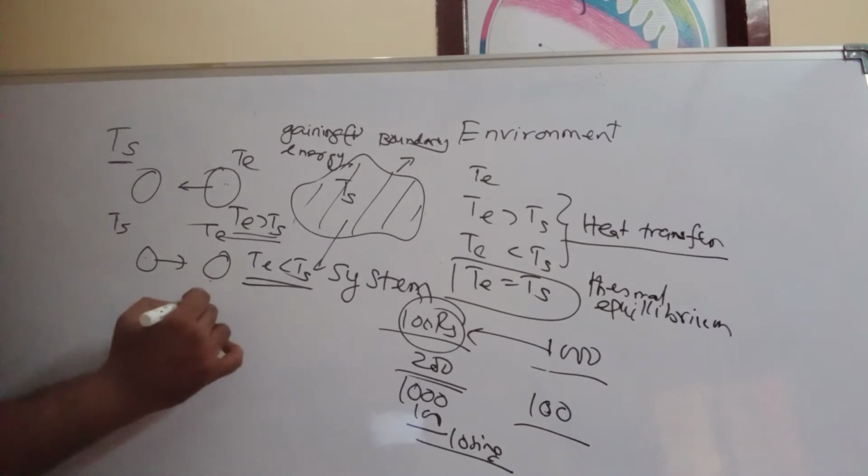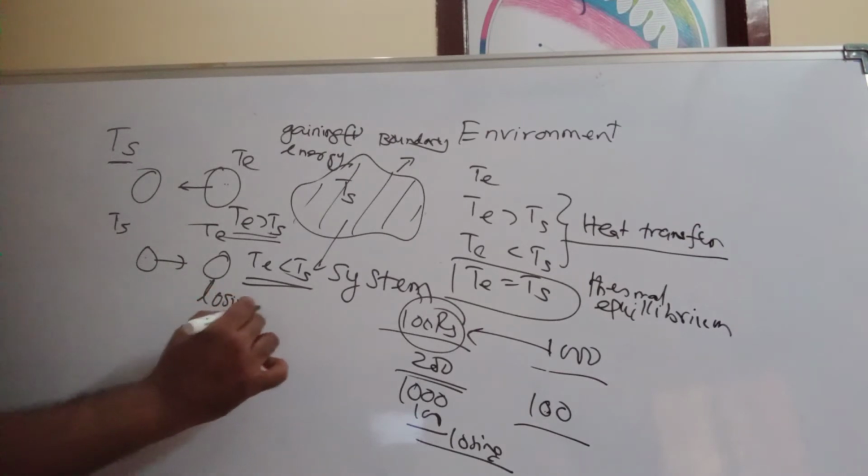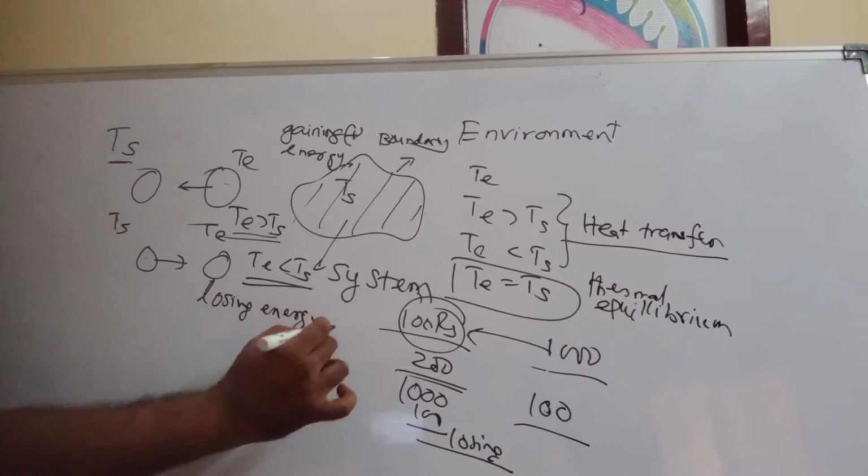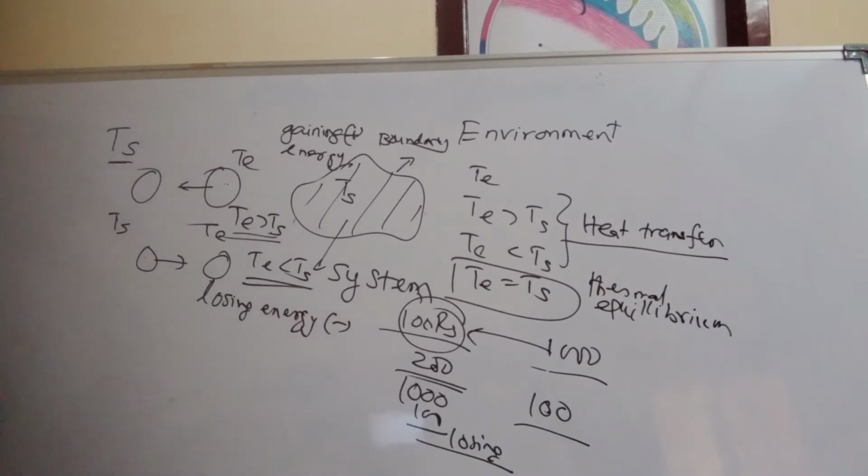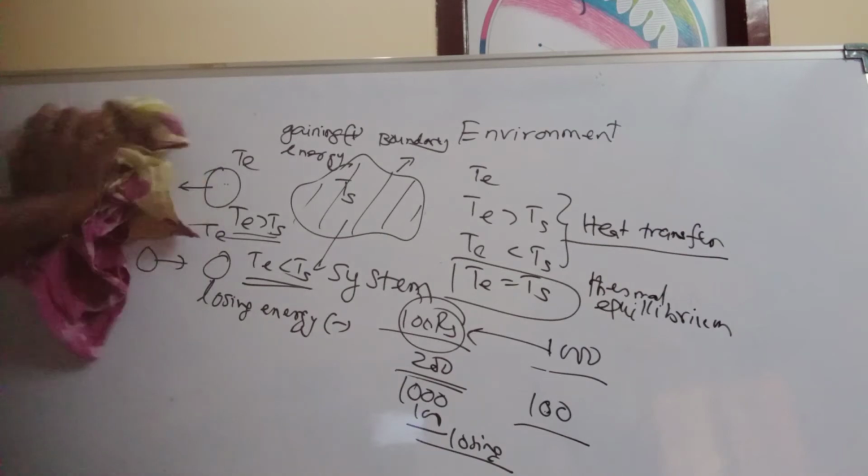So here it is losing energy, minus. So this is the concept that is involved. So you need to clearly understand this, when the system is gaining energy and when the system is losing energy. For sign convention, it is helpful to us.